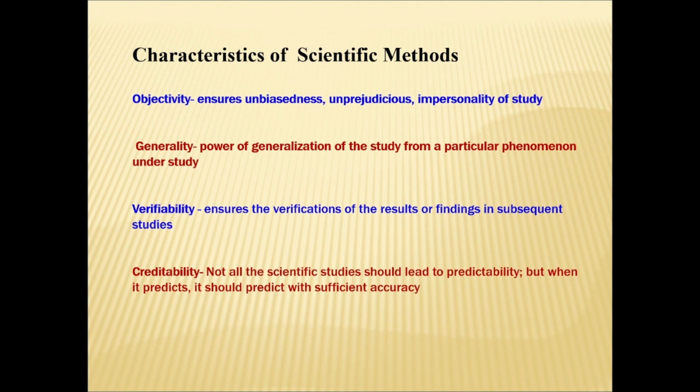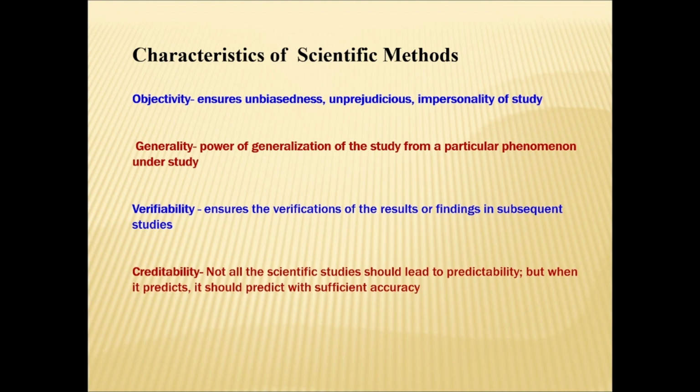So generalization of the findings is the most important thing in any scientific method. And verifiability: we have conducted an experiment, and if it cannot be verified, then it is of no use. It has to pass the verifiability condition.